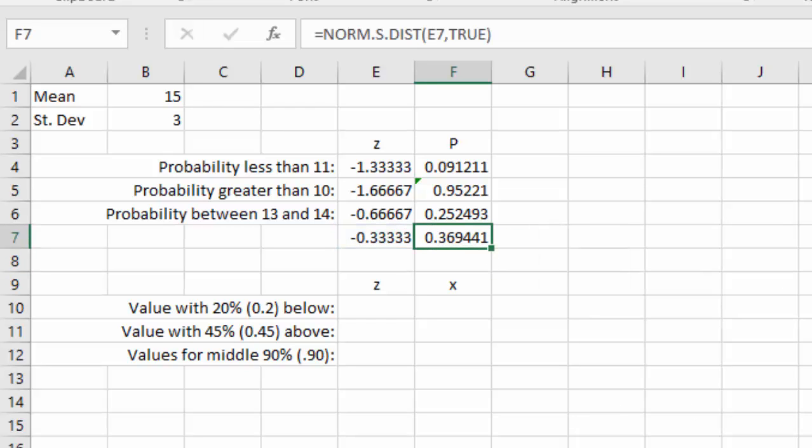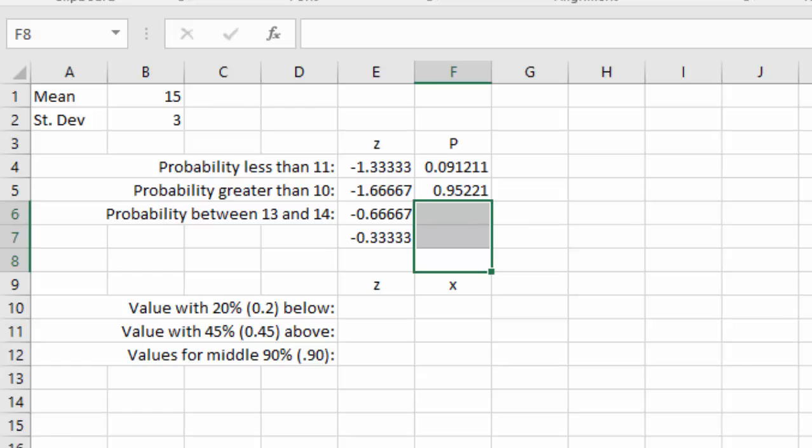And we've got 36%, or almost 37%, to the left of the 14. Now we need to subtract these probabilities to find out what's in between them. So we'll select the bigger one, equals the bigger one, minus, select the smaller one, and we find a probability of 11, almost 12%.